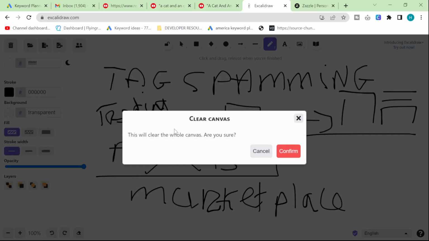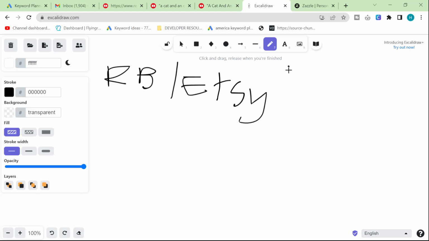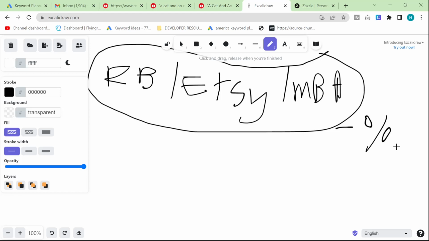However, in general, marketplace websites are kind of annoying. So Redbubble, Etsy, Merch by Amazon, okay, etc., etc. They're all marketplace websites, and they will all, first of all, take a large percentage of the profit. And the other thing is, you have to agree to their terms of service, okay?